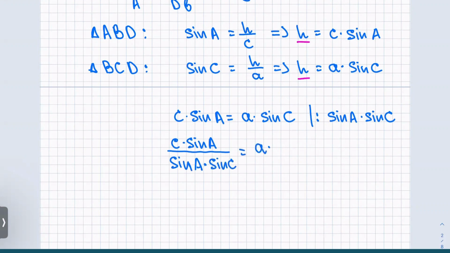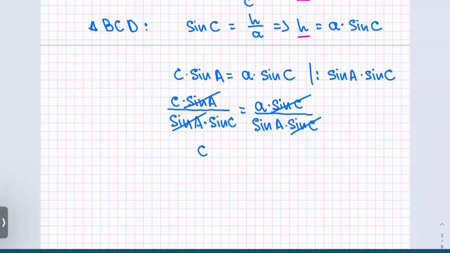It will be a times sine C over sine A times sine C. We see that we have sine A in the top and the bottom, and then we have sine C in the top and the bottom. So what remains is the following: c over sine C is equal to a over sine A.